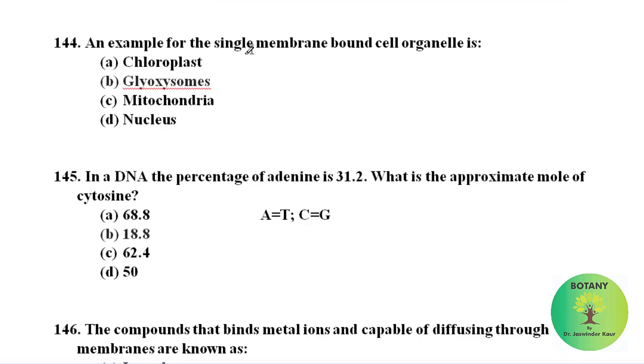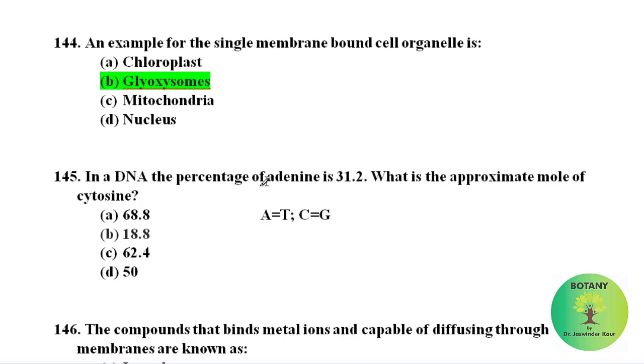An example for the single membrane bound cell organelle: among these, glyoxysome is the single membrane bound cell organelle. Glyoxysomes are specialized peroxisomes that are found in plants and also in some filamentous fungi. Glyoxysomes contain key enzymes for the glyoxylate cycle.